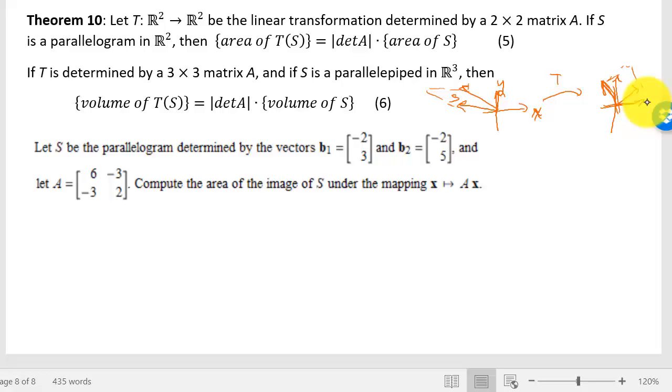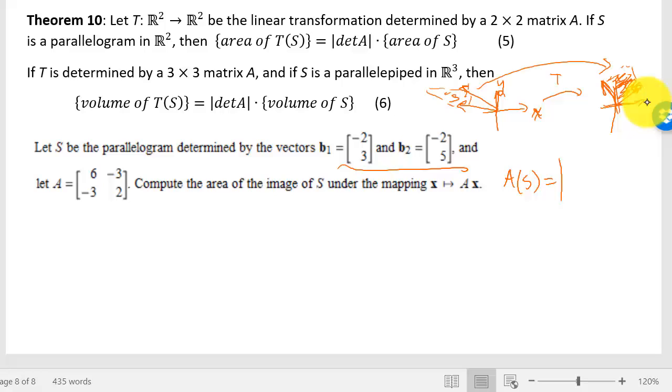So the idea is that parallelograms get sent to parallelograms. And so to find this new area, that's the image of this parallelogram brought over to the new space, we can just compute the area of the original parallelogram and then multiply it by the determinant of this matrix.